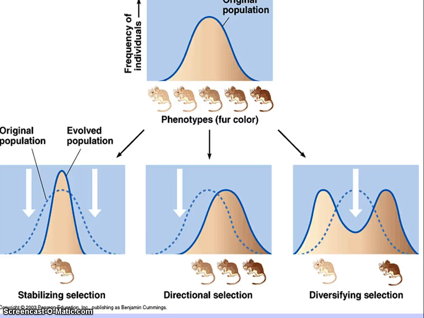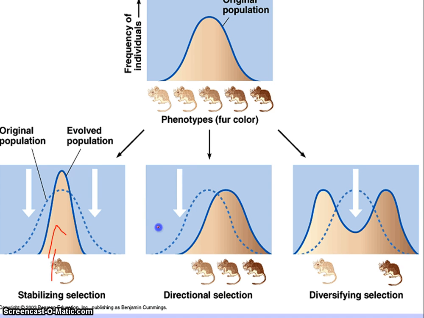What we're going to talk about are three different types of selection: stabilizing selection, directional selection, and disruptive selection. Just so you can see, stabilizing selection is going to favor the intermediates, like human birth weights.